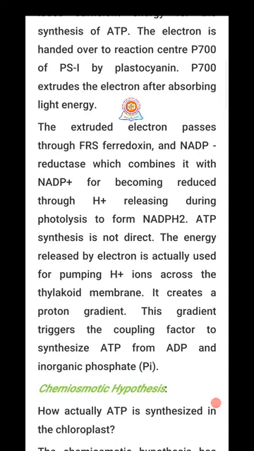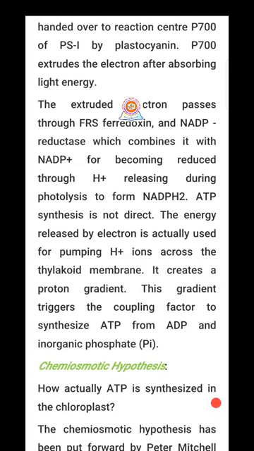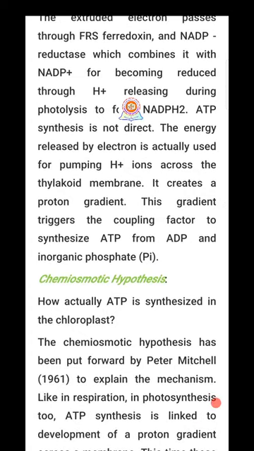This proton gradient triggers the coupling factor to synthesize ATP from ADP and inorganic phosphate. That is non-cyclic photophosphorylation.